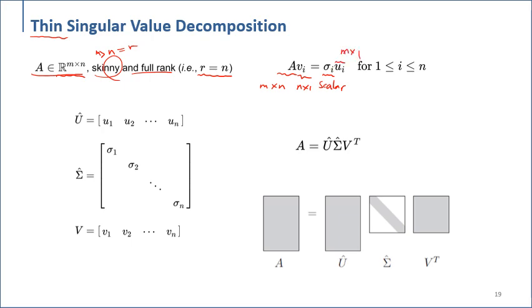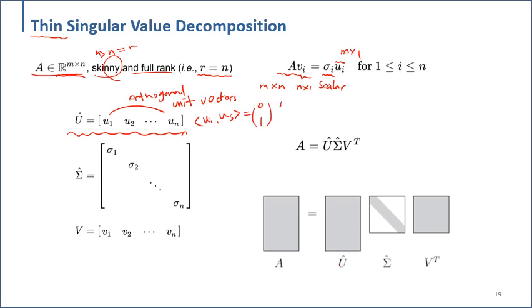U1 to UN are orthogonal unit vectors that satisfy that the inner product between Ui and Uj is equal to 0 or 1.